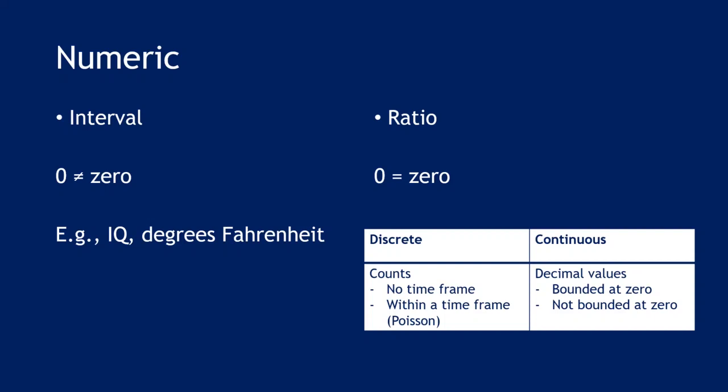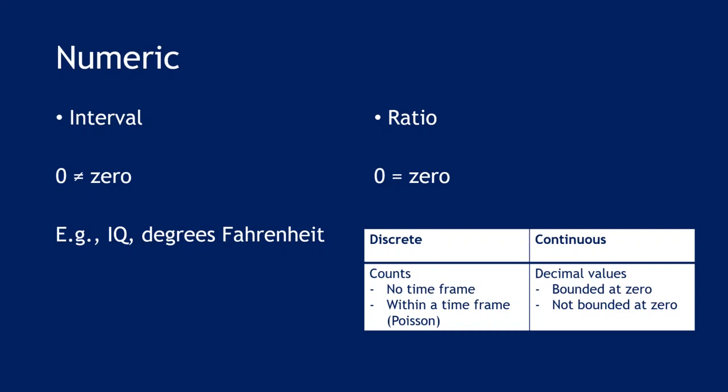Okay, 0 degrees Fahrenheit versus, what's the other one? I can't remember. I can't believe I don't remember. But 0 degrees of temperature does not mean that you do not have any temperature. It just happens to be a number on the scale. Whereas if you have ratio data, 0 actually means the mathematical 0, meaning there's nothing going on.